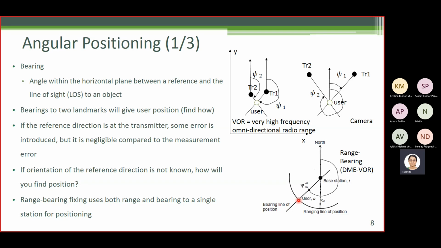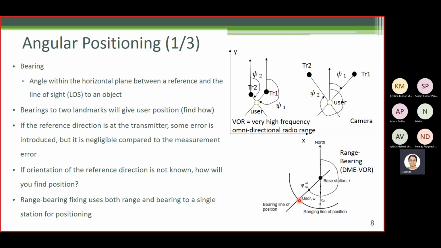So the advantage of a range bearing system is that by making measurements to only one transmitter, we can find the user position in 2D. Of course, provided the reference direction is known. An example of such a system is range bearing DME VOR in case of civil aircraft.